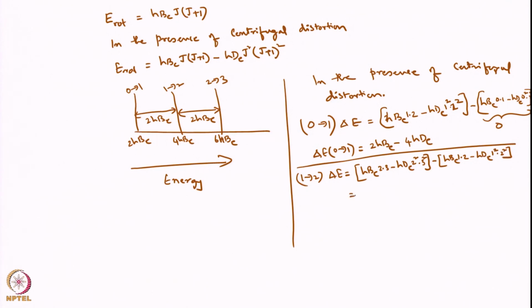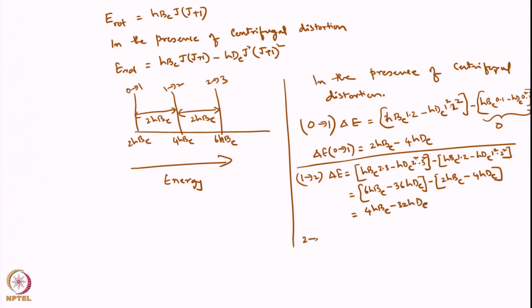So, this will be nothing but 6 h B_e minus, 2 squared is 4, 3 squared is 9, 4 into 9 is 36, 36 h D_e, minus 2 h B_e minus 4 h D_e. So, this will turn out to be 4 h B_e minus 32 h D_e.